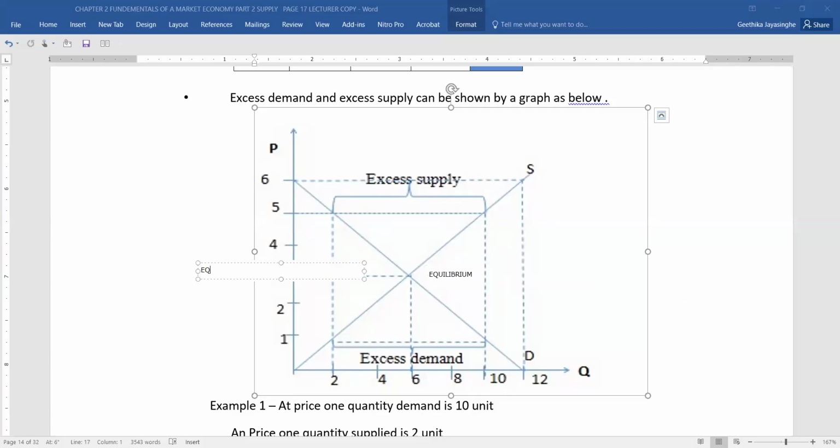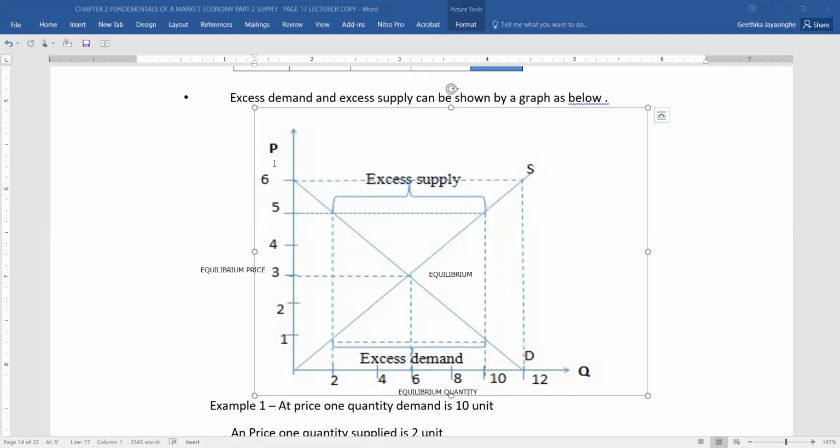Just write it there in your note. Equilibrium price. And here, equilibrium quantity. Okay. So then let's see how it happens. Now, these are the prices below the equilibrium.